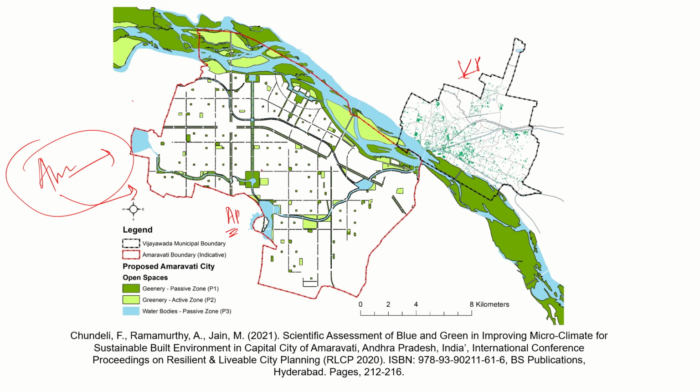Even in this case, the intention of our study was to identify how useful these greeneries and blues will be for the city. Here we have mapped only the greeneries and the water bodies created in the master plan, and we wanted to check whether these deliberately created greeneries and water bodies will make a difference or not for the kind of development that we have here.